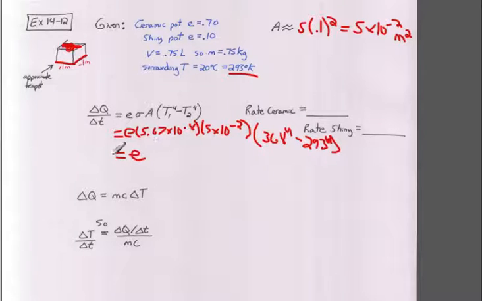So that all works out to about, if you use your significant figures, the book says about 30 watts. Let's see exactly what it does in my calculator. 5.67 times 10 to the negative 8th, times 5 times 10 to the negative second, times 368 to the 4th minus 293 to the 4th.